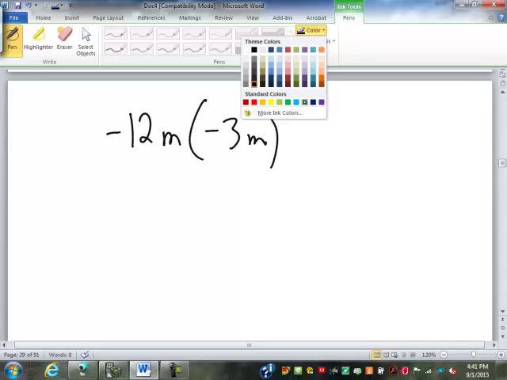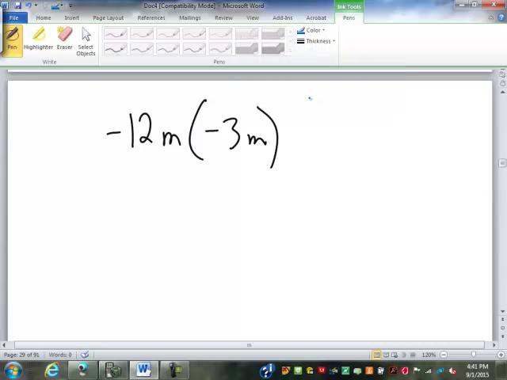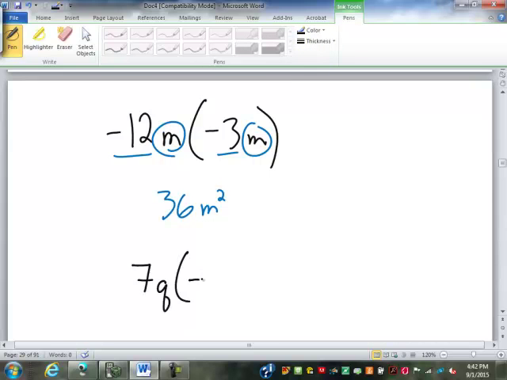What would we do with something like this? Well, it's just simple multiplication. We combine the counts. Negative 12 times negative 3 is positive 36. Then what? M times m is m squared. We're just combining the names. Not necessarily distributing, we're just combining the names. So one for you to try. Try that one quick.